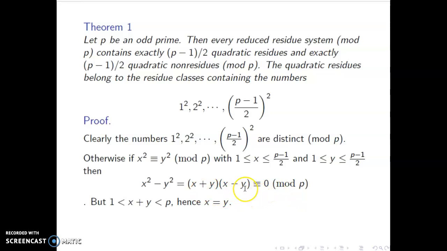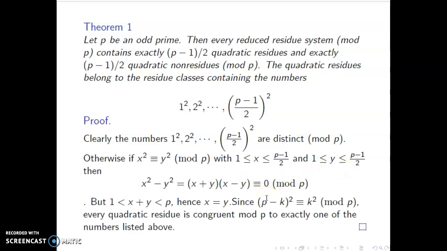Now (x plus y) times (x minus y) being congruent to 0 mod p is basically happening in an integral domain, the integral domain Z_p, and because Z_p is an integral domain, it has no zero divisors, so either x plus y is congruent to 0 mod p or x minus y is congruent to 0 mod p. x plus y cannot be congruent to 0 mod p because x plus y lies between 1 and p, and hence x minus y is congruent to 0 mod p, and again x minus y is definitely less than p, and hence x minus y is actually equal to 0, or x is equal to y.